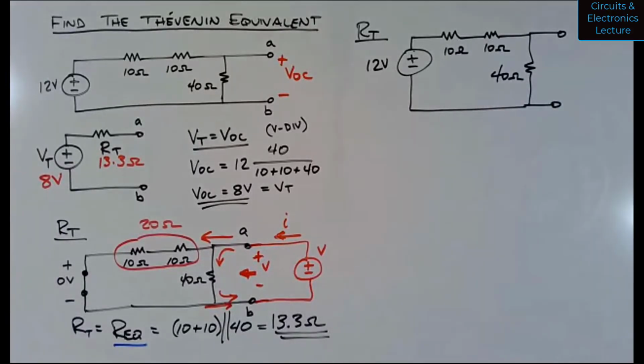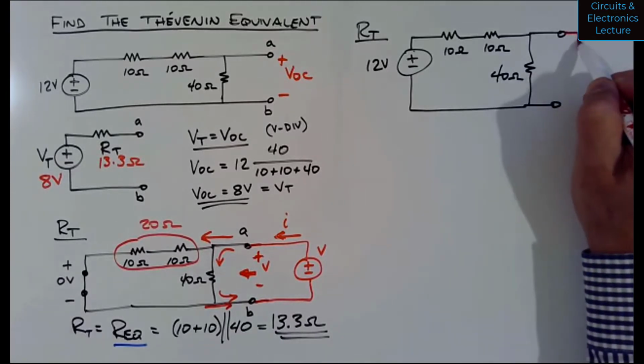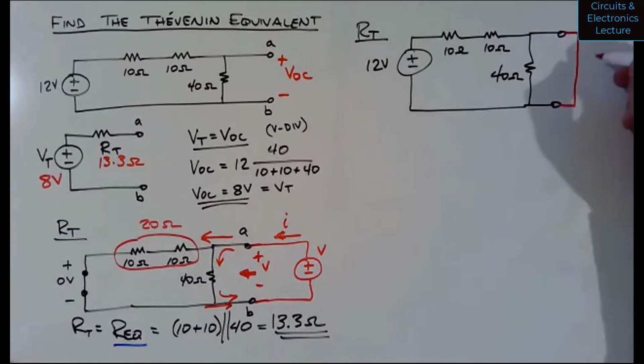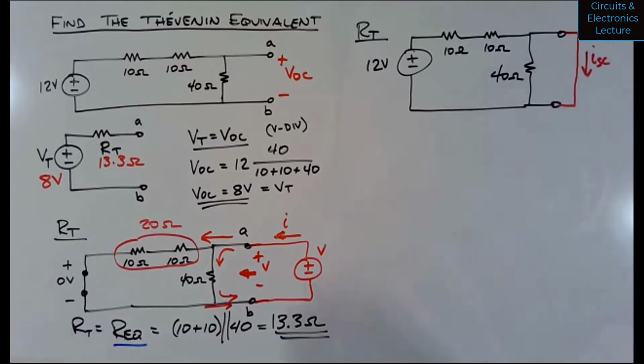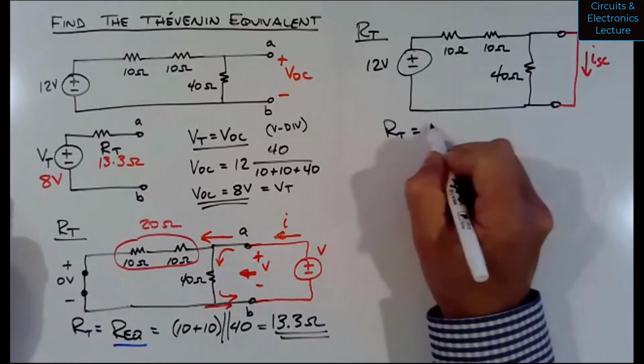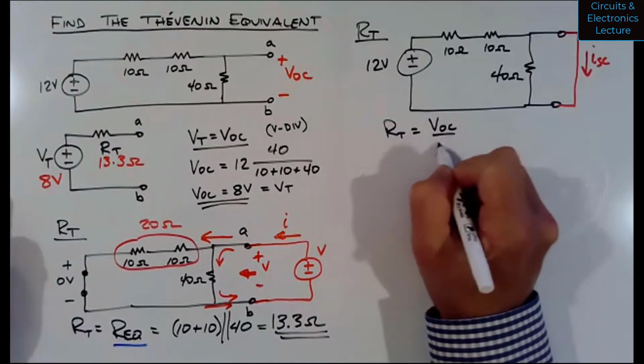But what I'm going to do now is draw a short. And through that short, if you were to build or analyze this, we would call this current through the short a short circuit current. And then we would know that RT equals VOC over ISC.